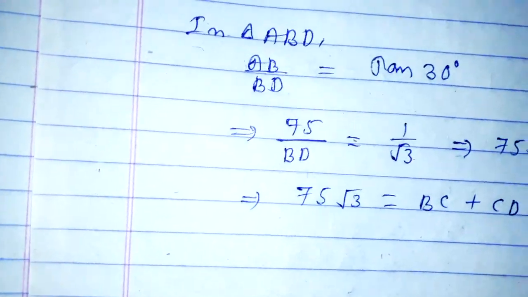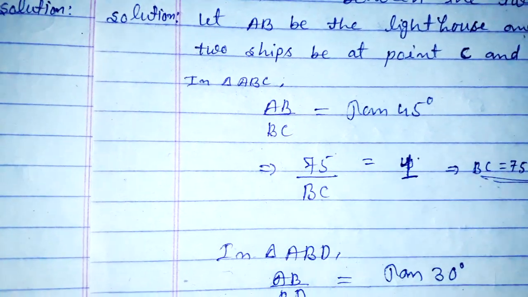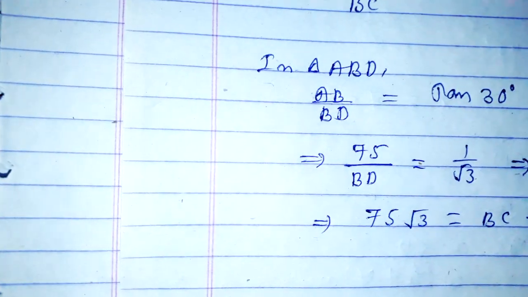So what is CD? BC is 75, so put the value of BC.